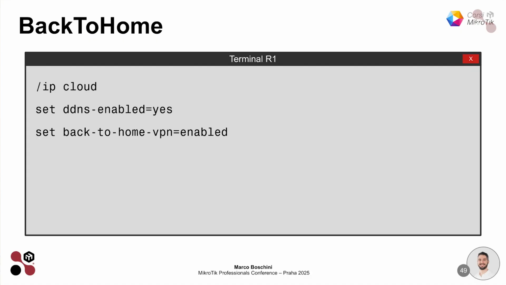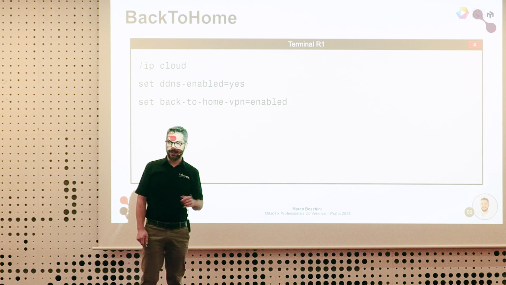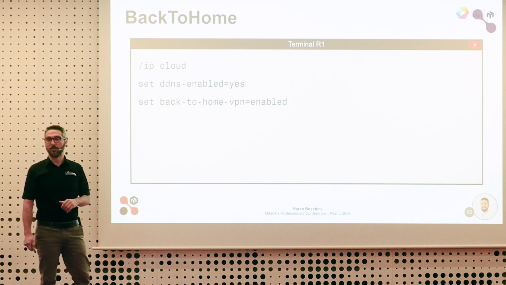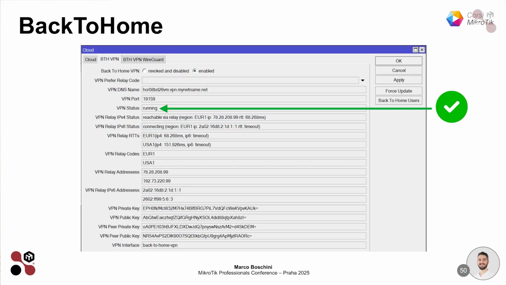How to enable this functionality in the cloud? Set DNS enable functionality to yes, and set Back to Home VPN enable. And now we have the Back to Home functionality running. How to use this VPN connection?